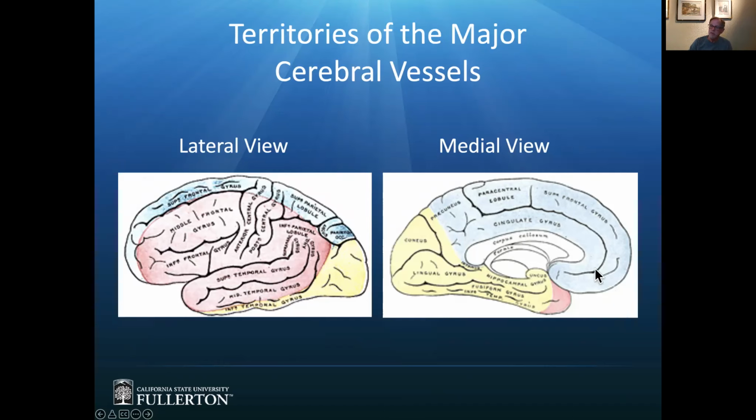So people who have strokes that involve the territory of the anterior cerebral artery will not have a hemiparesis. They can have, if it's in the right area, a paresis of the contralateral lower extremity. And if it's in the sensory zone, they'll lose sensation in the contralateral lower extremity.